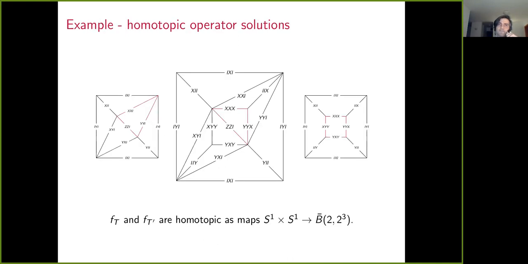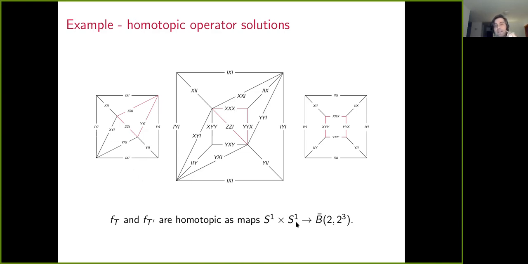In the case of the square and the star examples, these are very useful because if you look at them together and upgrade the Mermin square solution to a 3-qubit solution by appending an identity from the right, we can think of these two solutions as 3-qubit solutions. Then we can construct a homotopy between the maps corresponding to these operator solutions.